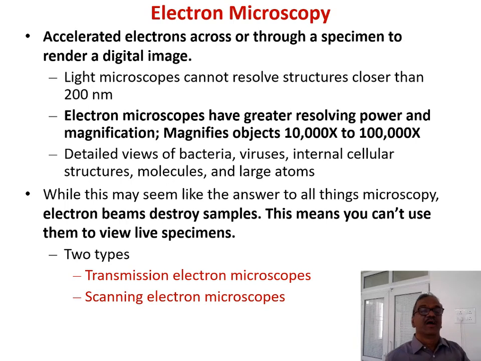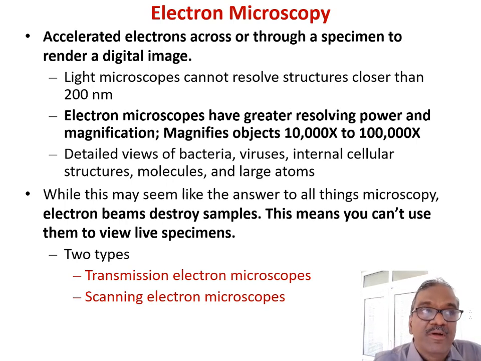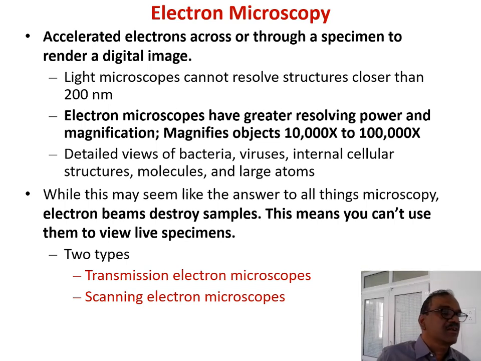Okay. So electron microscopy. Here, as everybody knows, accelerated electrons are used instead of light energy, and through this they make the digital image. The magnification limit is so good, 10,000x to 1 lakh x.